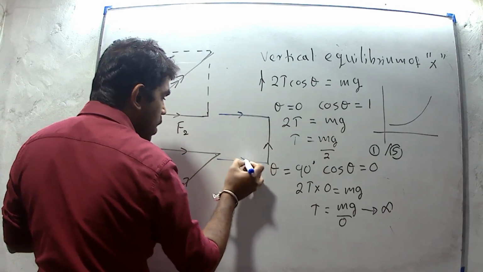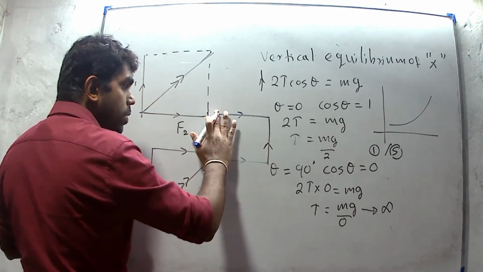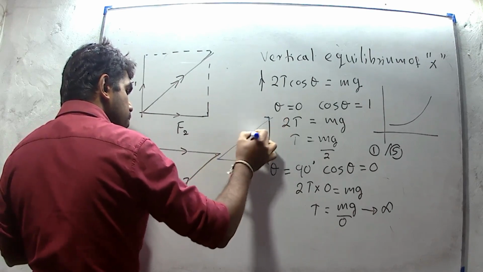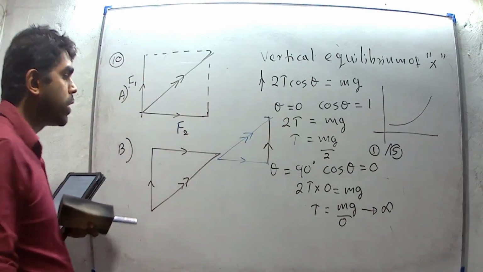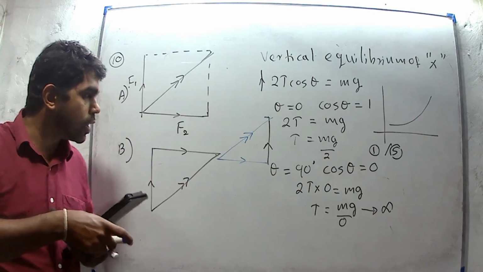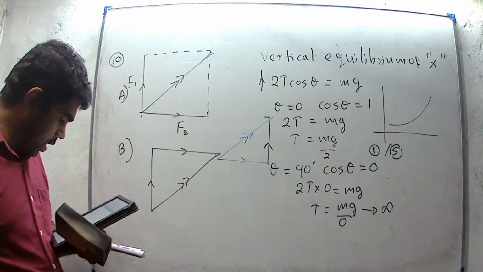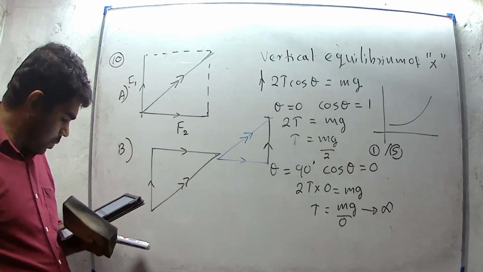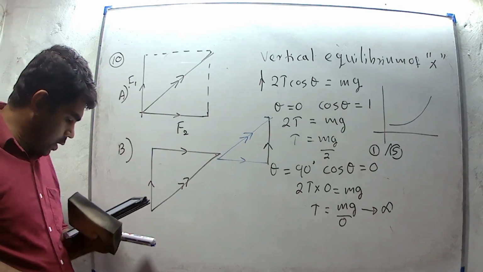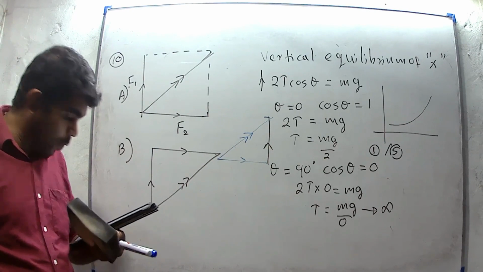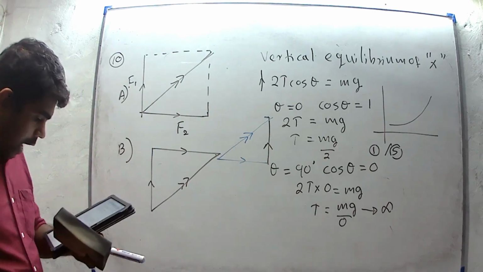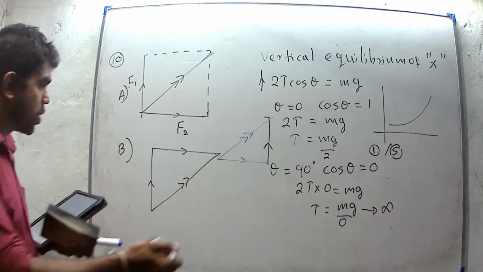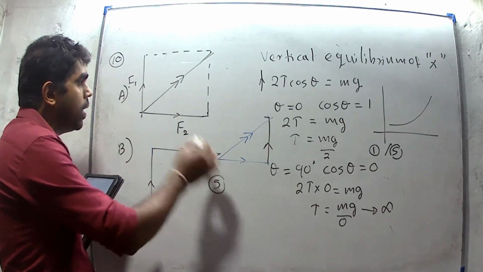Therefore, I will bring it to this place, and we can consider the triangle. Now, all three resultant forces are in the same direction, and it is equal to the F force in the direction of the F force in the figure. Therefore, we can consider all A, B and C are correct. Answer 5 is correct for question number 10.